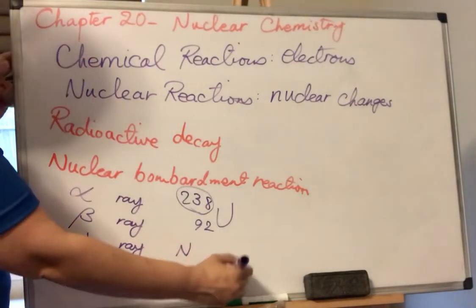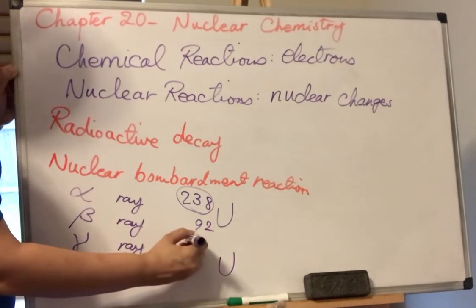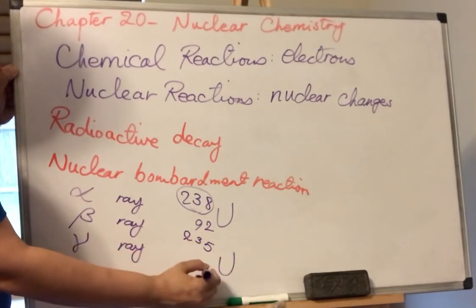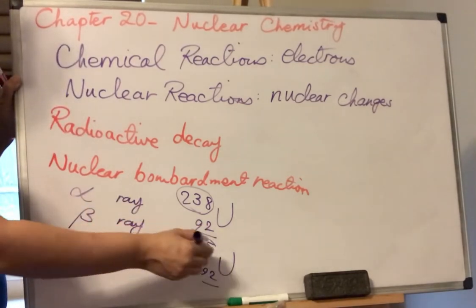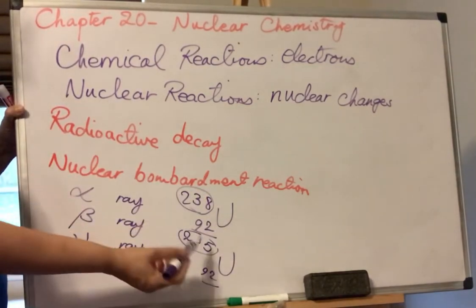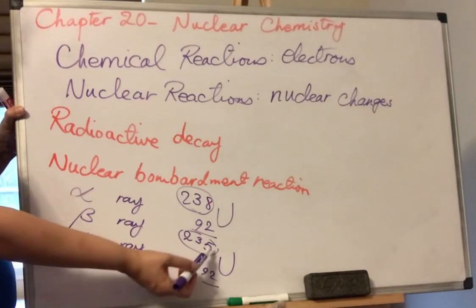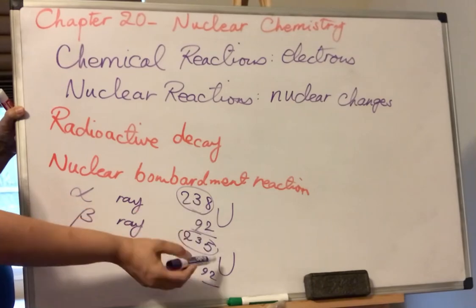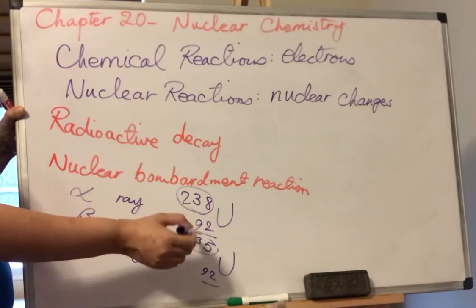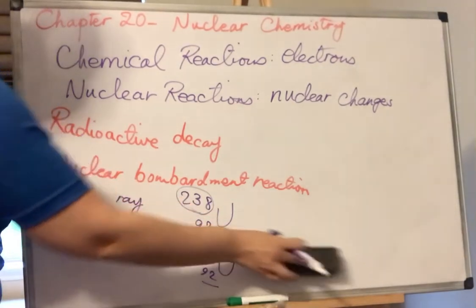So you can have uranium-235. The atomic number is the same. The difference is the atomic mass. And because the atomic number is the same, you distinguish the different isotopes by using their atomic mass. So you call it uranium-235 and uranium-238.